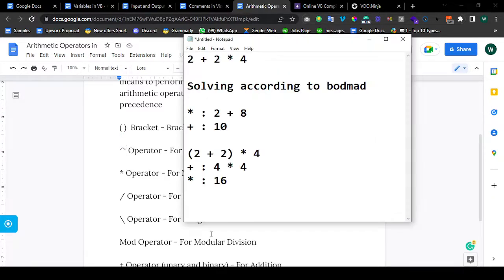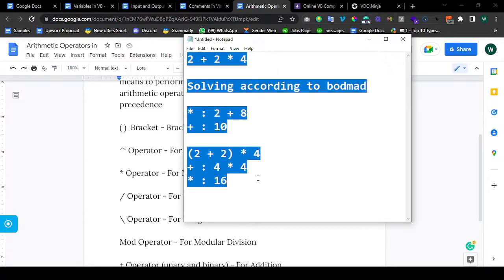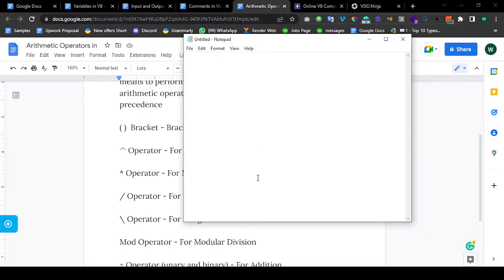The caret is used for exponentiation. For example, if you want to say 2 raised to the power of 3, just say 2 caret 3. This is going to be giving you 8, I guess. And if you have 3 caret 2, it should be 9. Let's go and check it out.